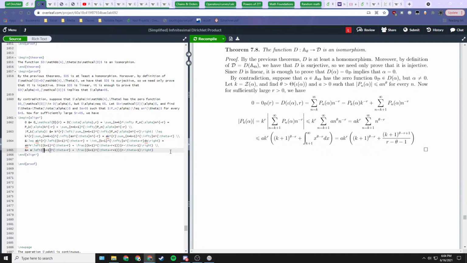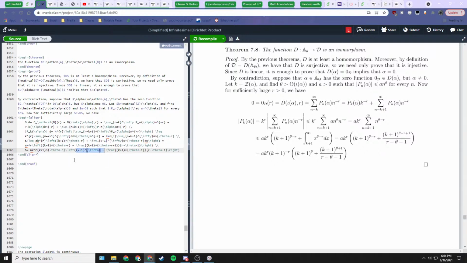So we put through the k power r to everything. Actually, let's not do that. We'll keep the k power r on the outside, but instead we're going to extract the (k+1) power minus r, and while we're at it, we might as well extract the (k+1) to the power of theta.